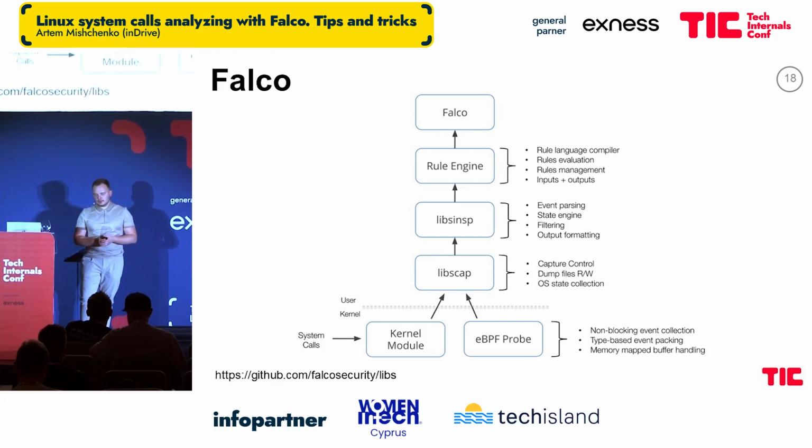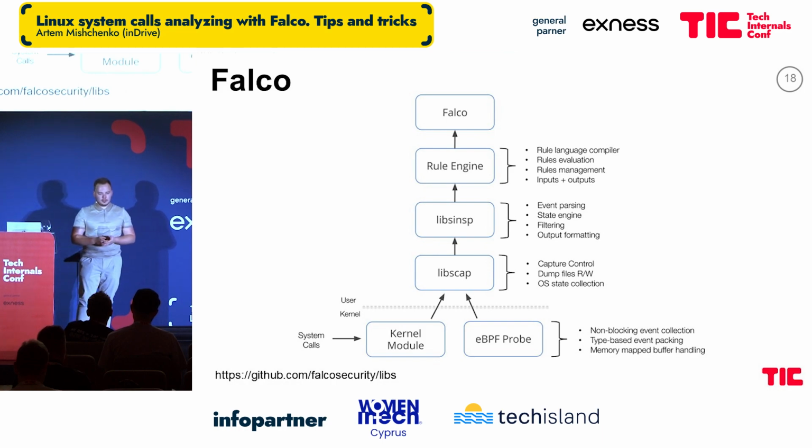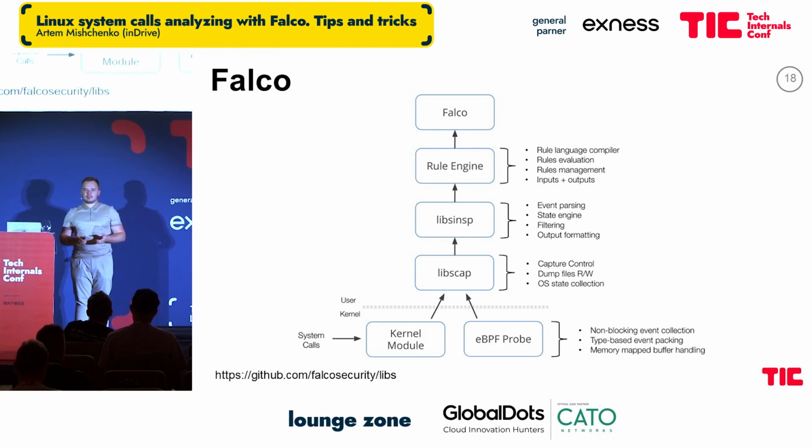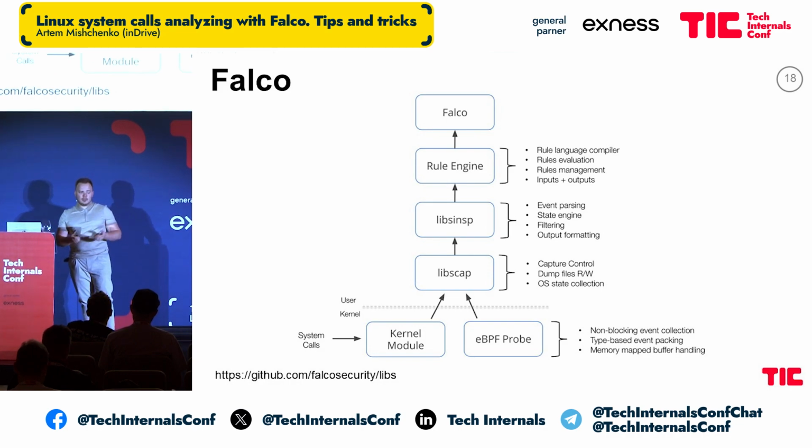And the second one is responsible for enriching the data with this system state. So that's how Falco can provide some additional details, which are not available from the kernel perspective. And only after this, the rule engine works and does some filtering based on rules. Yes, Falco works with rules.